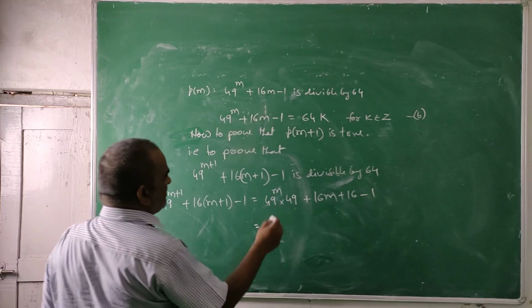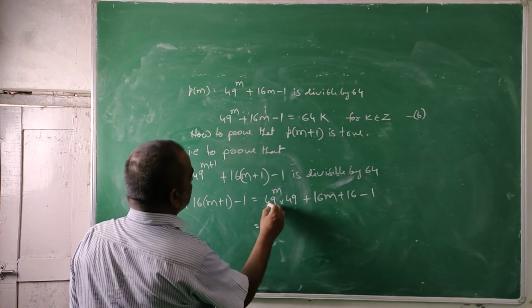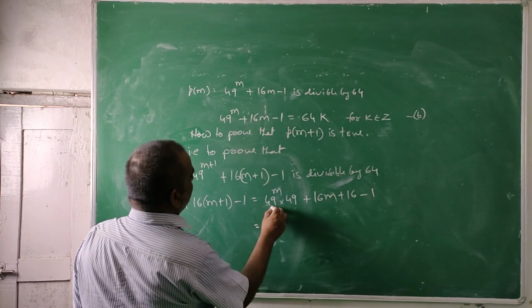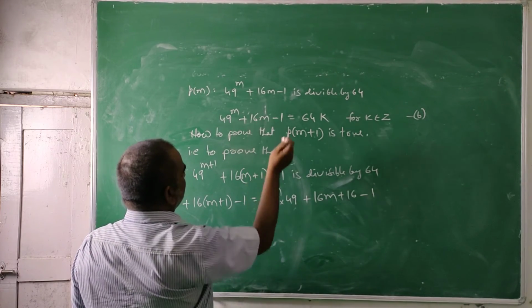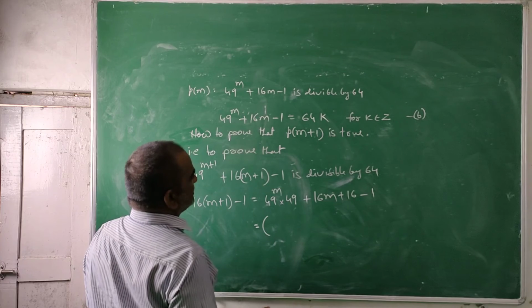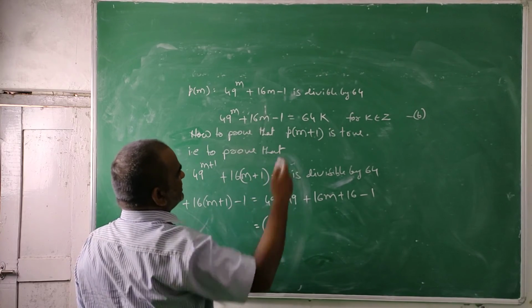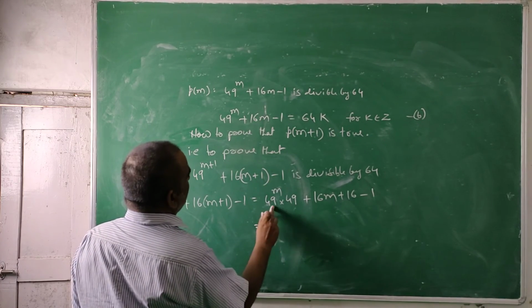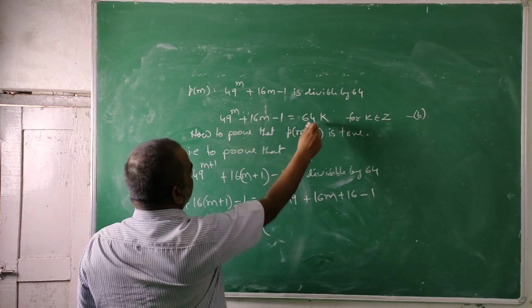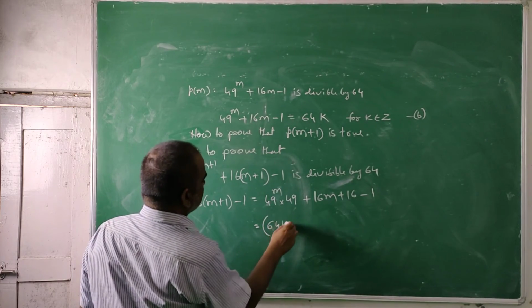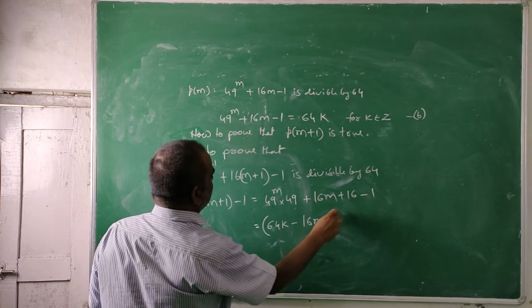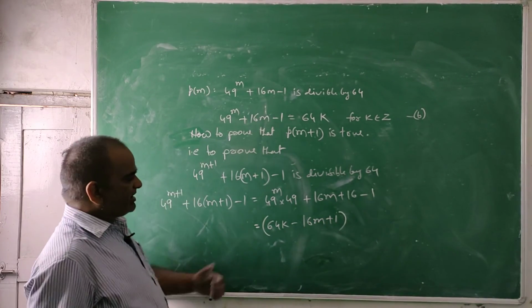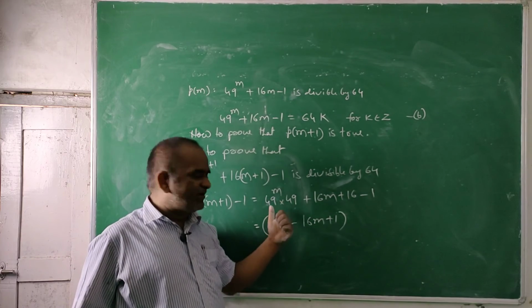So from B you can easily see that. Now I am replacing this 49 power m value with its equal value that can be attained in step B. So 49 power m value is 64k by transposition minus 16m plus 1. This is the equal value of 49 power m.